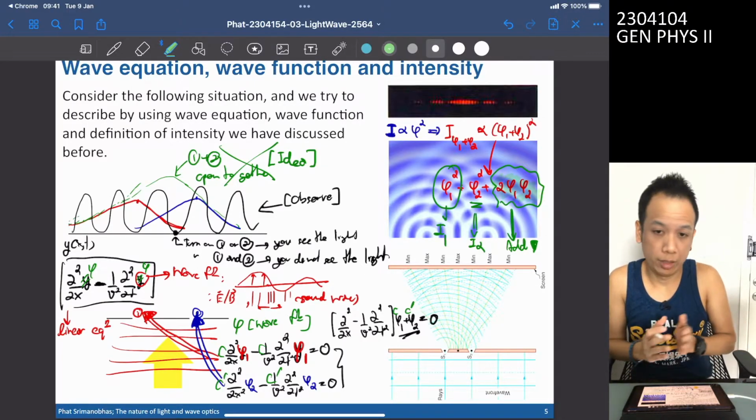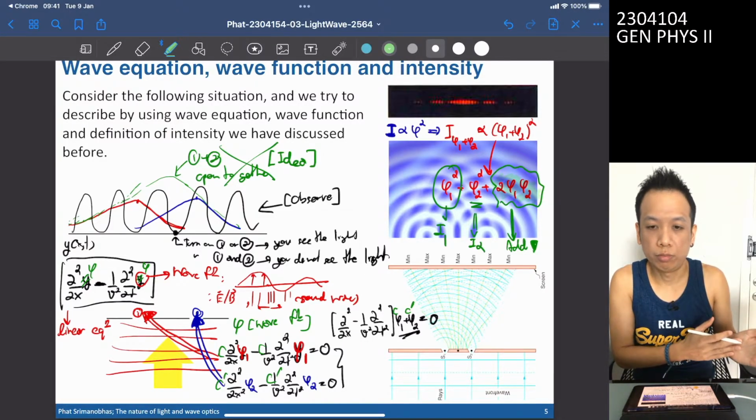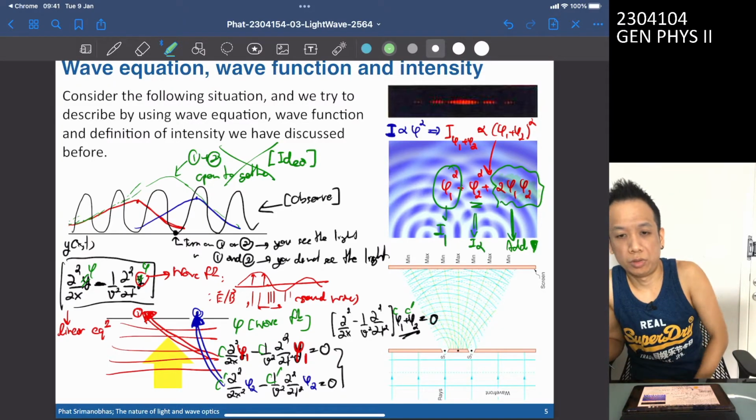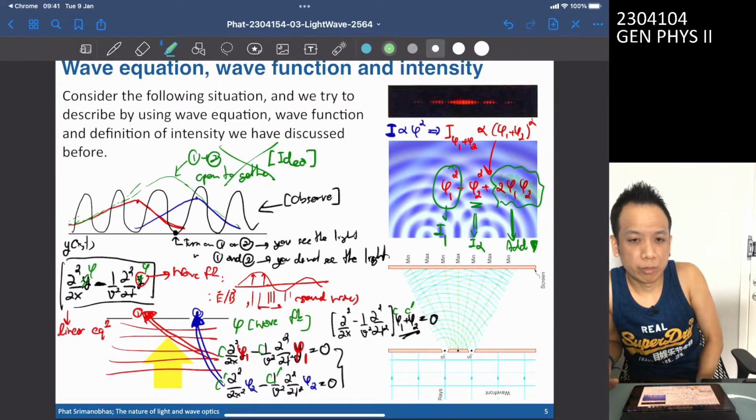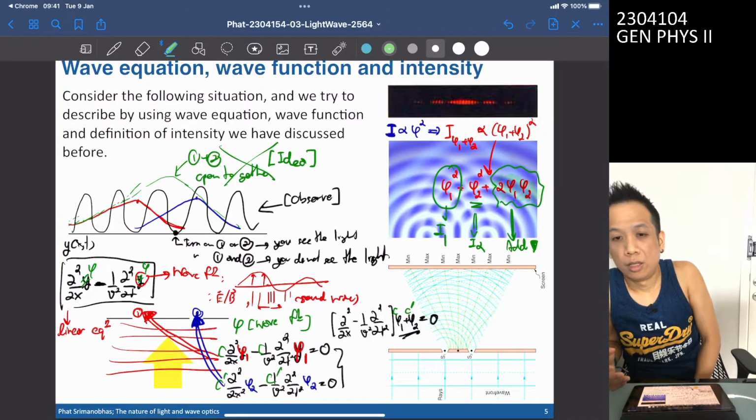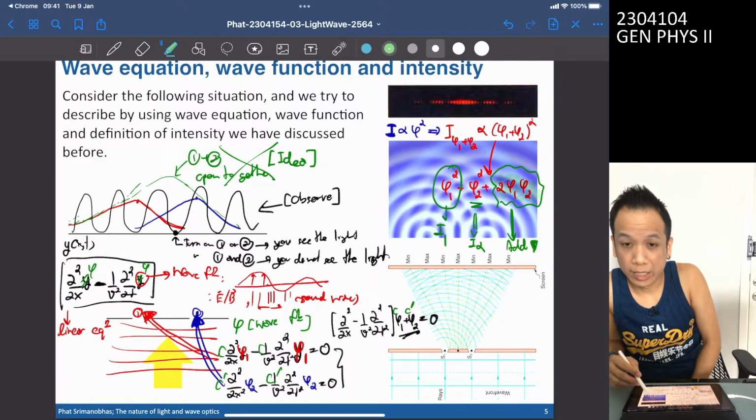This term can be positive, and it can also be negative. Can it be a complex number? No, it cannot be a complex number, because if it's complex you cannot really measure that.